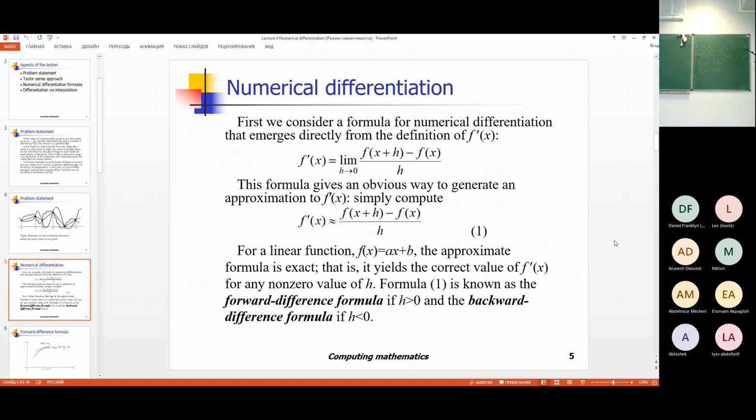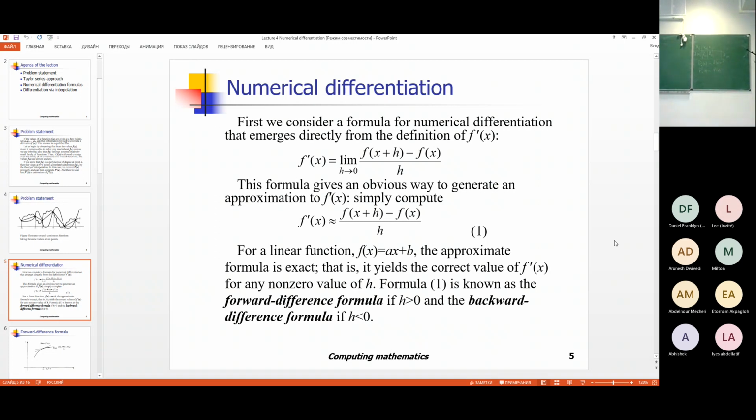And for a linear function, this formula is exact. It means that it yields the correct value of f prime x for any non-zero value of h. You can take any value of h and you can get the correct value for f prime x.